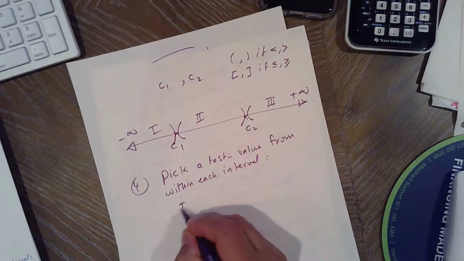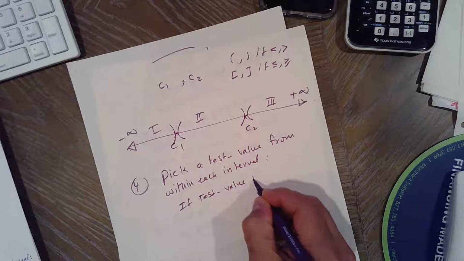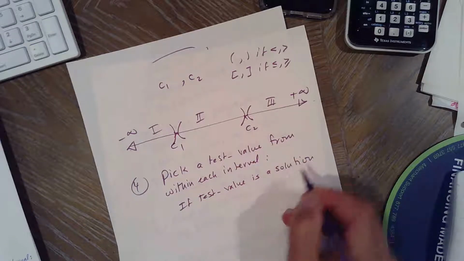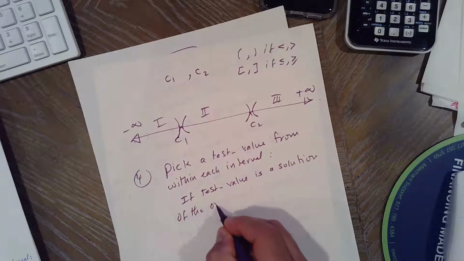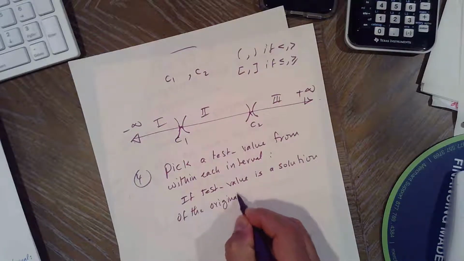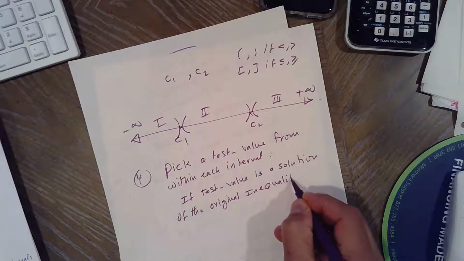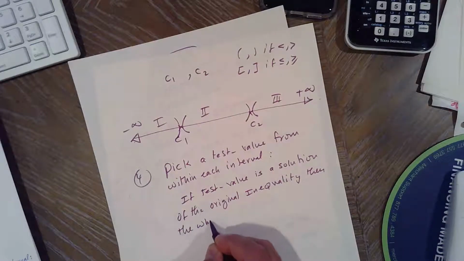If the test value is a solution, where do we plug it in? It's in the original inequality, because that's what we're solving. Then the whole interval is a solution.